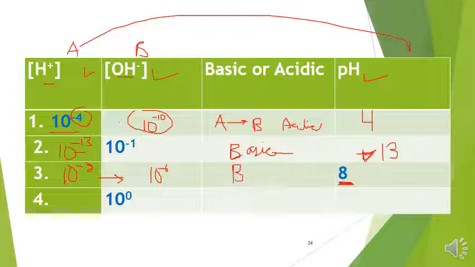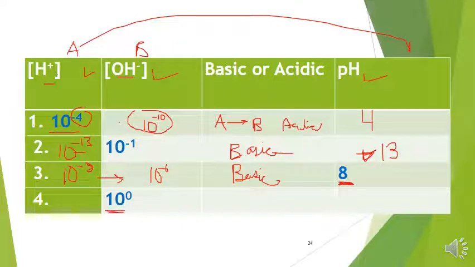Minus 8 plus minus 6 is minus 14. Minus 6 is bigger than minus 8, so this is basic. Again, you can see that the pH is greater than 7. It's basic, and the reason why is that negative 6 is greater than negative 8, not because the pH is 8.